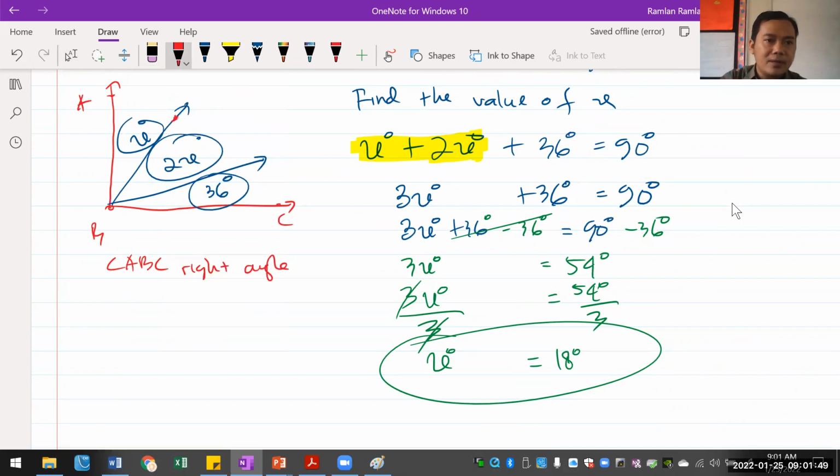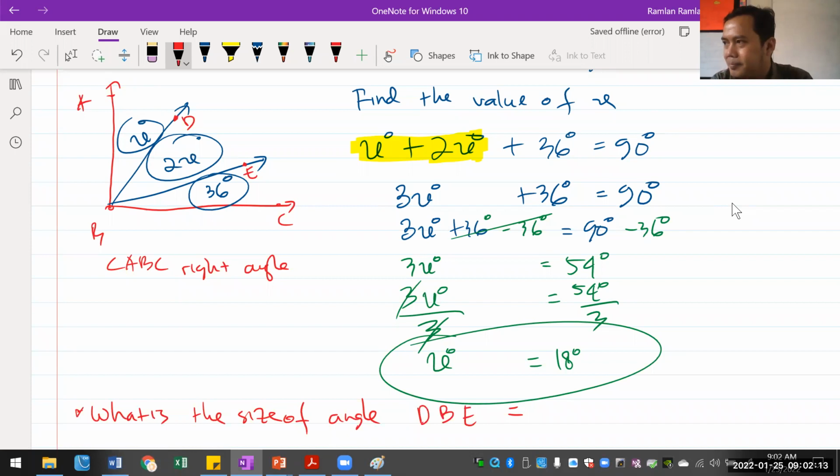Let's say this ray is B, this is BD, and this is ray E. What if I have another example? Another question: what is the size of angle DBE? Please, Danis, do you want to try? Danis, what are you holding the phone for? I want to move it, sir. Oh, I see.